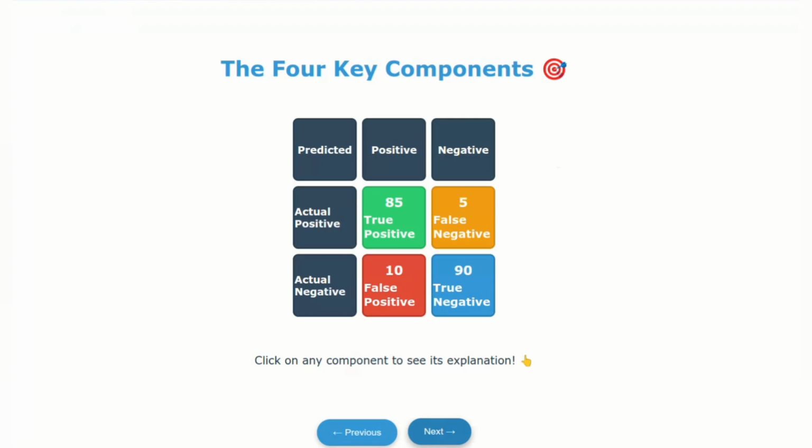The matrix has four key components: true positives, TP, cases where we predicted positive and it was actually positive; true negatives, TN, cases where we predicted negative and it was actually negative; false positives, FP, cases where we predicted positive but it was actually negative, also called type 1 error; false negatives, FN, cases where we predicted negative but it was actually positive, also called type 2 error.